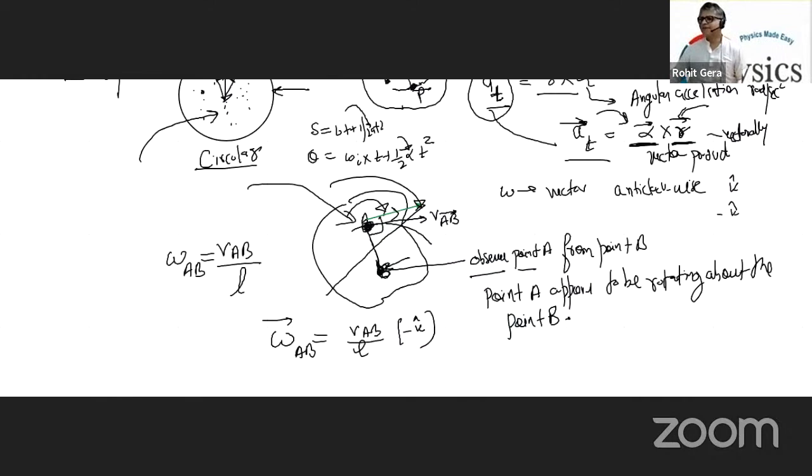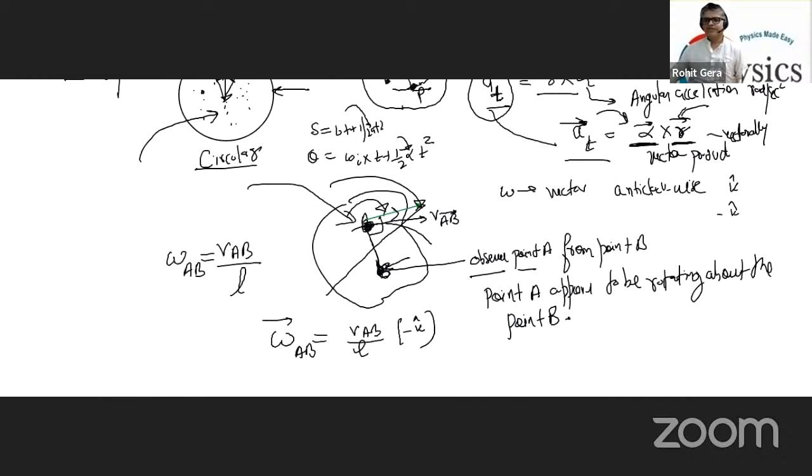What you will find is that each point in a rigid body turns in a circle, like we saw. A is turning and has a tangential velocity with respect to B. Similarly, B also has an identical angular velocity and identical linear velocity with respect to A.